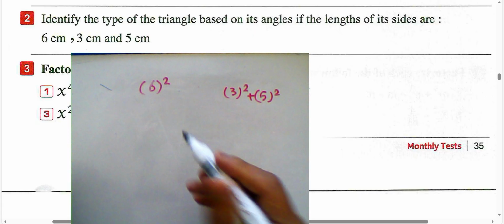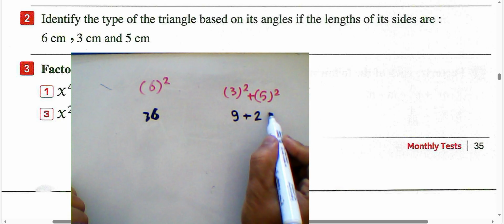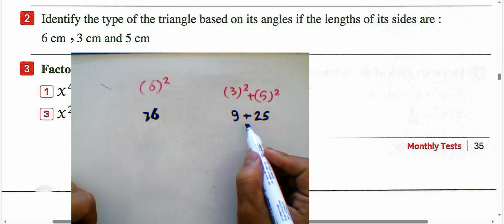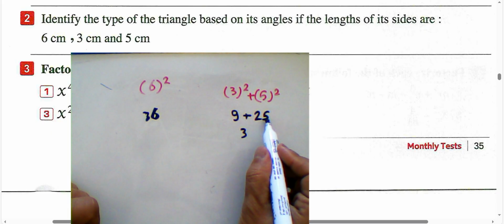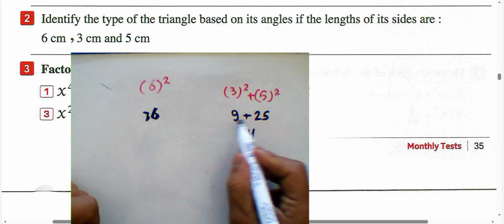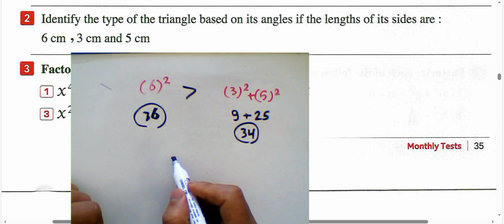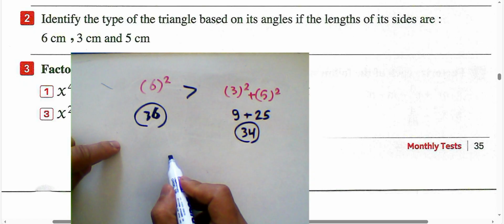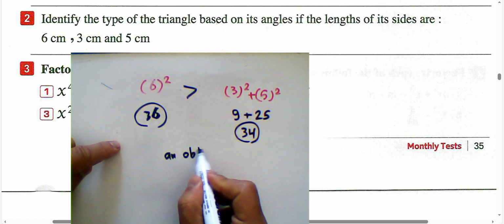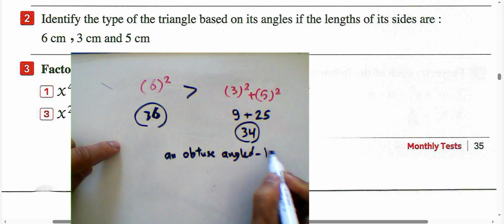Then 6 squared is 36. 3 squared is 9, and 5 squared is 25. We add together: 25 plus 9 equals 34. This is 34 and this is 36. 36 is greater than 34. Then what will the type of triangle be? It will be obtuse. So we have an obtuse angled triangle.